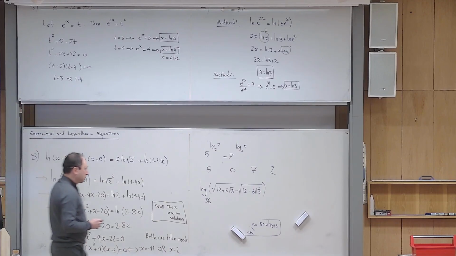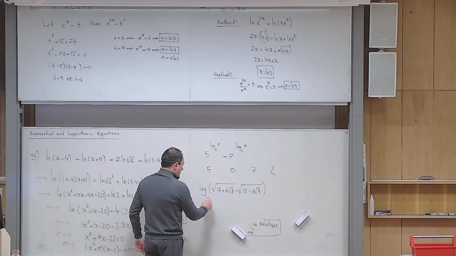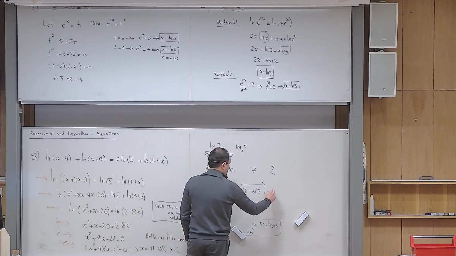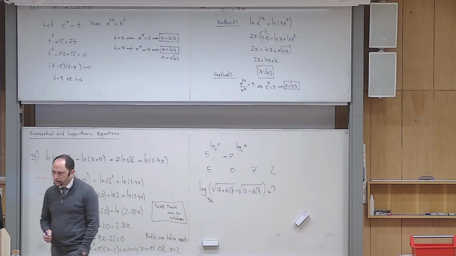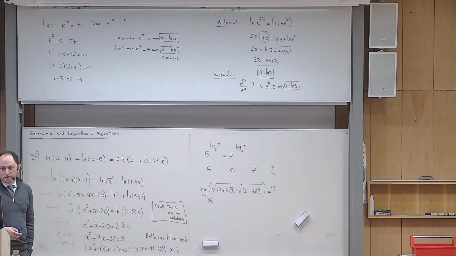Yes, the base is 36. You're supposed to calculate this. I think this is also a multiple choice question. No, this is not multiple choice. You have to calculate it. Find the exact value of this expression.